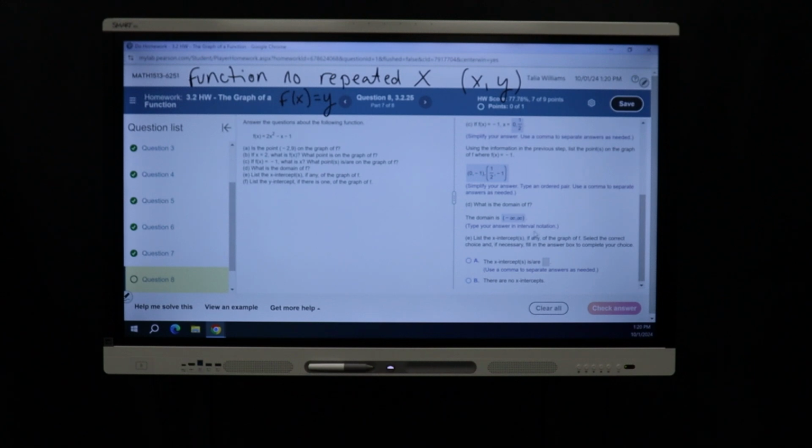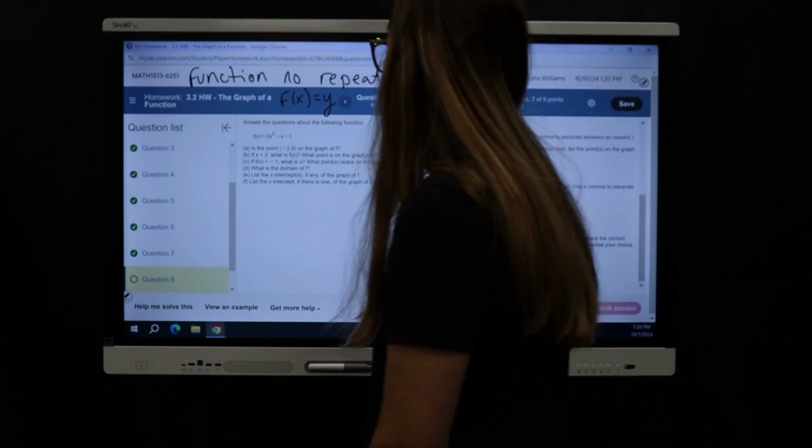List the x-intercepts, if any, of the graph of f. Select the correct choice, and if necessary, fill in the box to complete your choice. So x-intercepts is when y is 0.